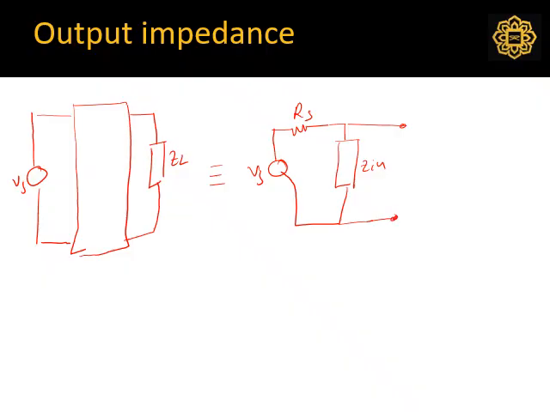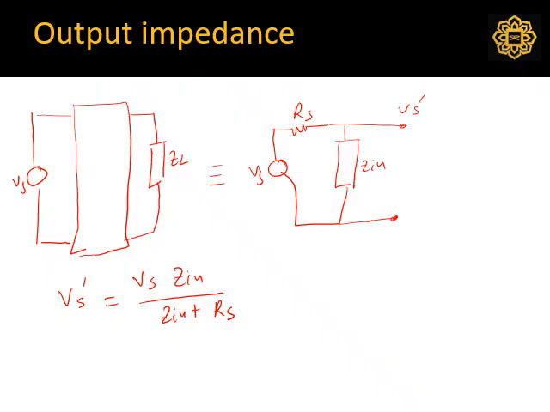You would like to have the full voltage coming across to this Vs prime, so you want Vs prime to be as close as possible to Vs. Vs prime comes from this voltage divider circuit, so you will have Vs times Z in, the input impedance, divided by Z in plus Rs.